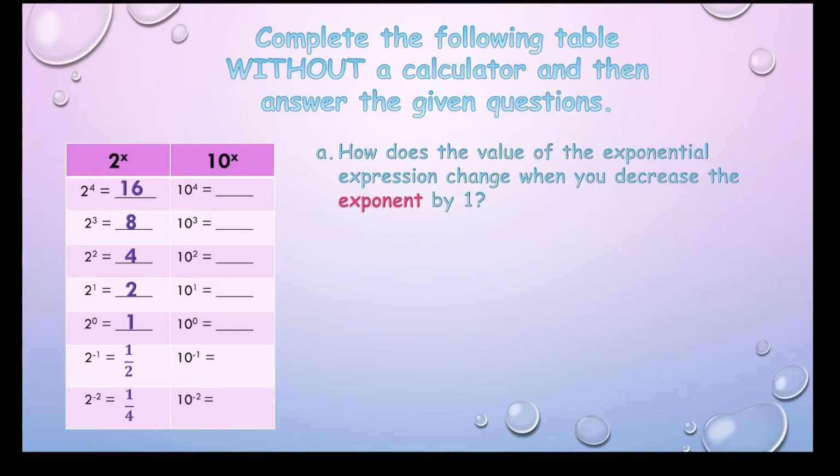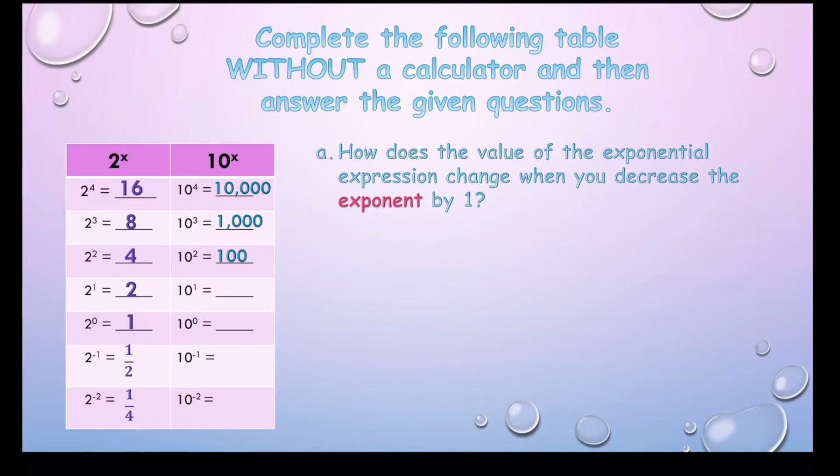That doesn't just work for a base of 2. Let's go look at a base of 10. Look what happens. When I have 10 to the 4th, that's 10 times 10 times 10 times 10. I'd get 10,000. 10 cubed is 10 times 10 times 10. That's 1,000. 10 squared is just 10 times 10, so 100.